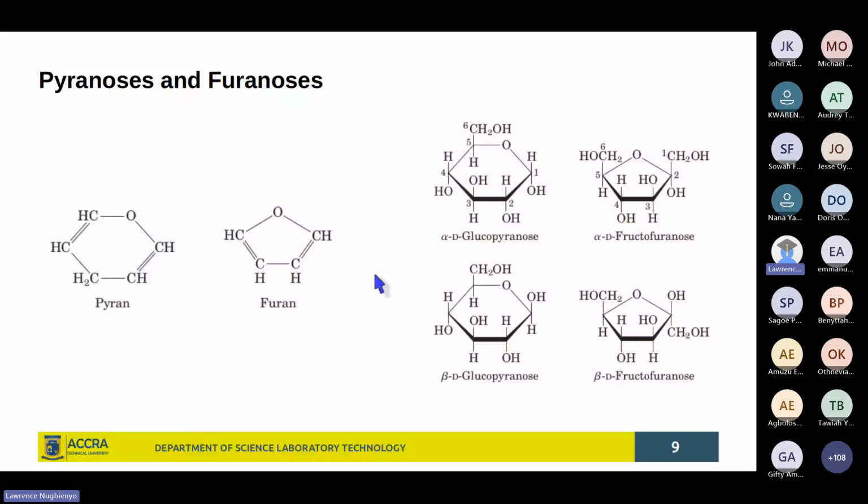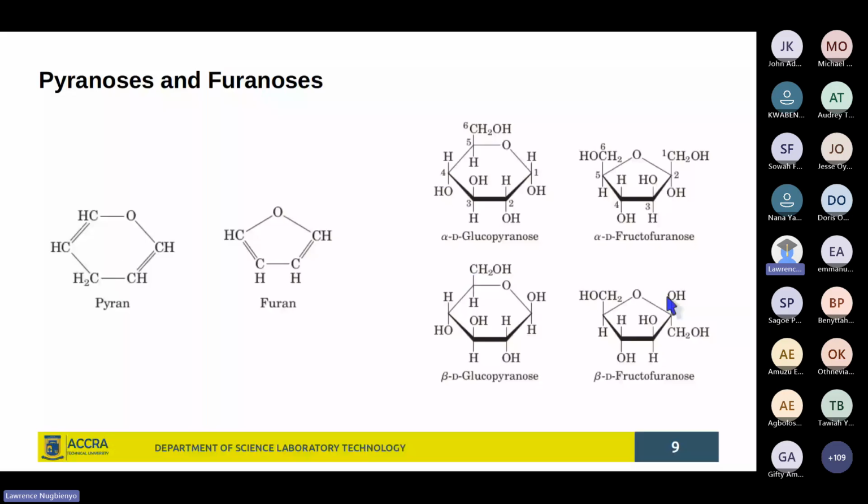Then a furanose, the ring looks just like the furan. The ring is a furan ring. So I hope that makes it clearer for you, Nana Beni. It is based on the cyclic structure itself, which either takes the form of a pyran or the form of a furan.